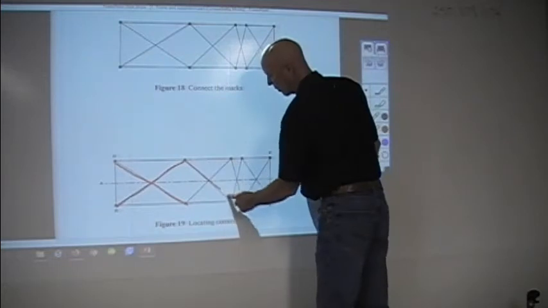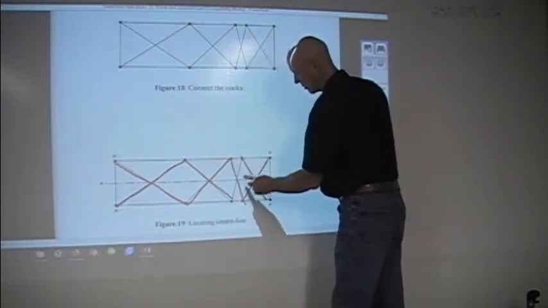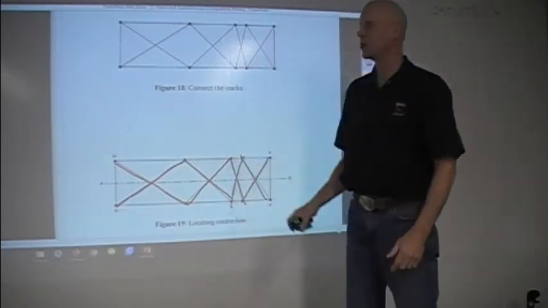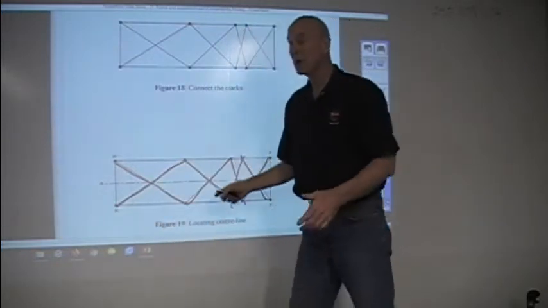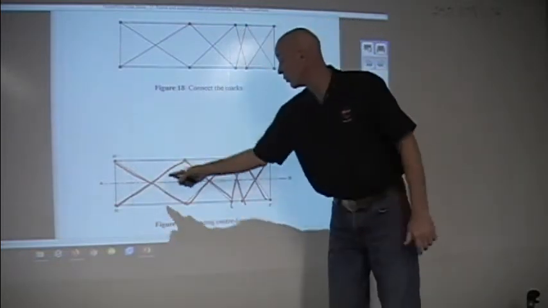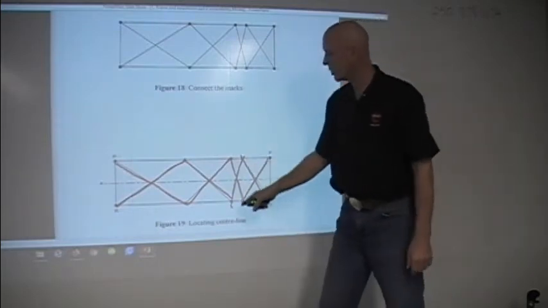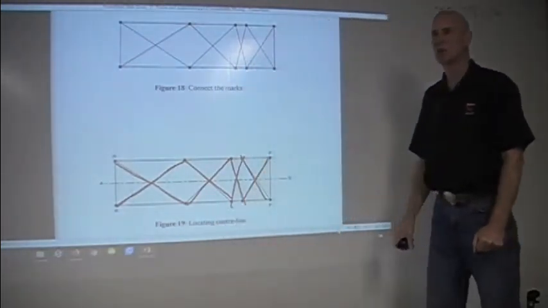So I want to do all of these, so I'm going to measure them all. Once they're all measured, if all the measurements turn out the same, and again, we usually only have to do a couple, if we do one at the back and one at the front, and this distance is equal to this one, and this one is equal to this one, chances are that the frame is square.